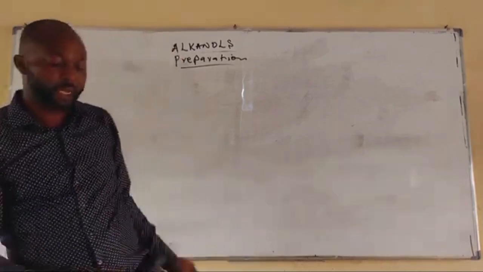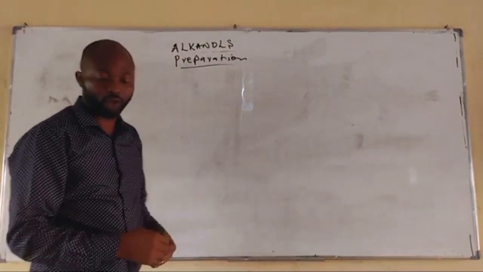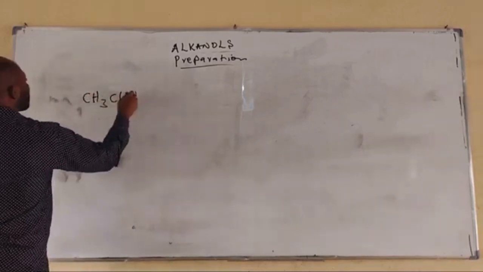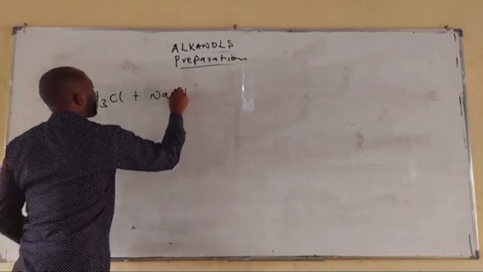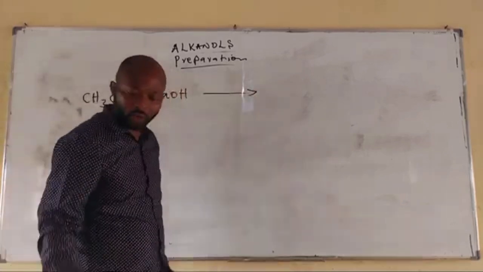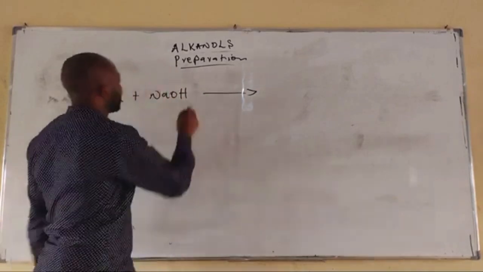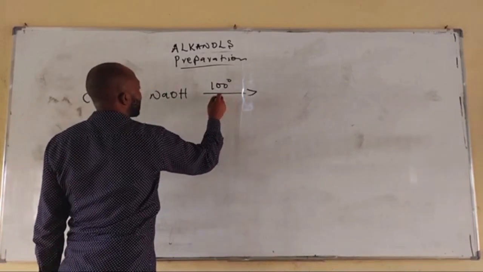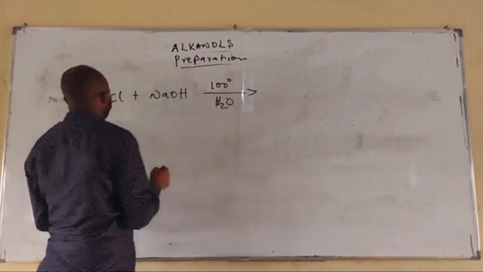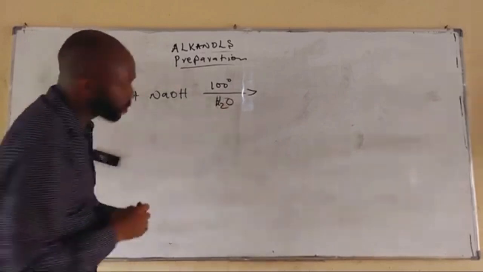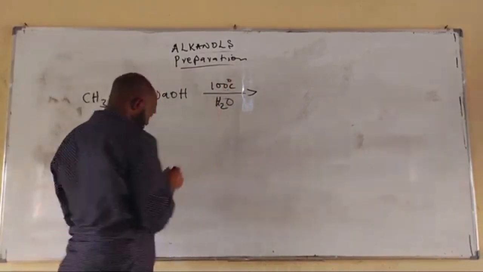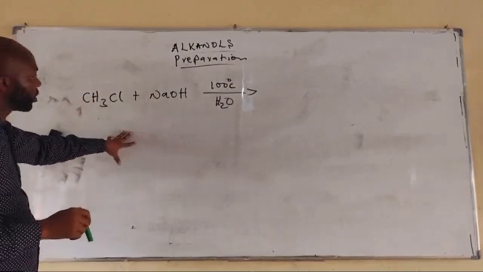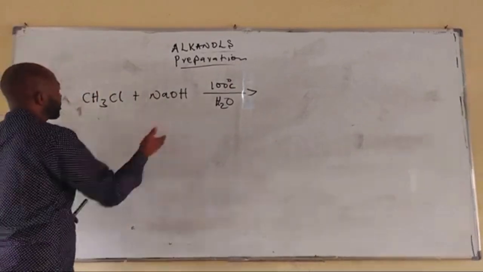So let's say chloromethane plus sodium hydroxide, CH3Cl plus sodium hydroxide. What's the condition? We have 100 degrees Celsius, the temperature, and water. So from here, we'll be able to prepare what? Alcohols. So what happened?